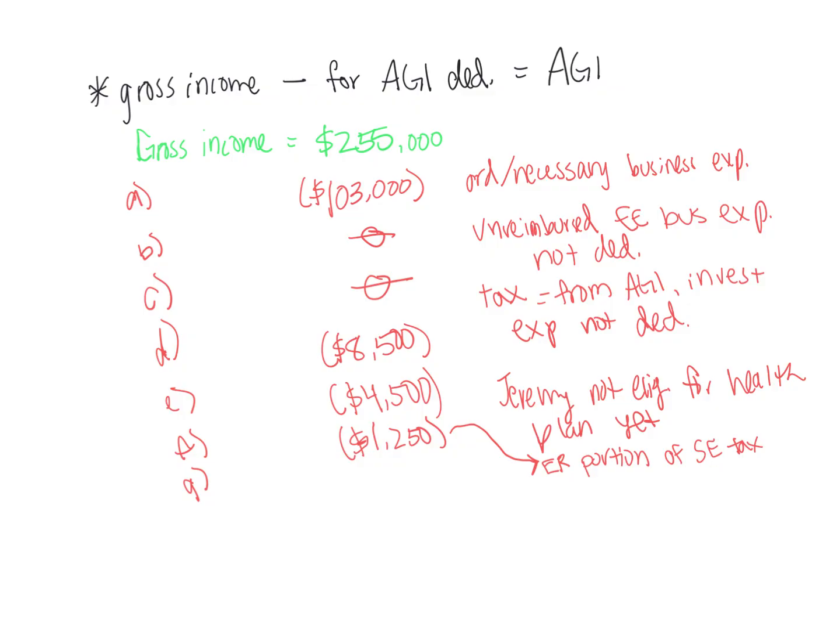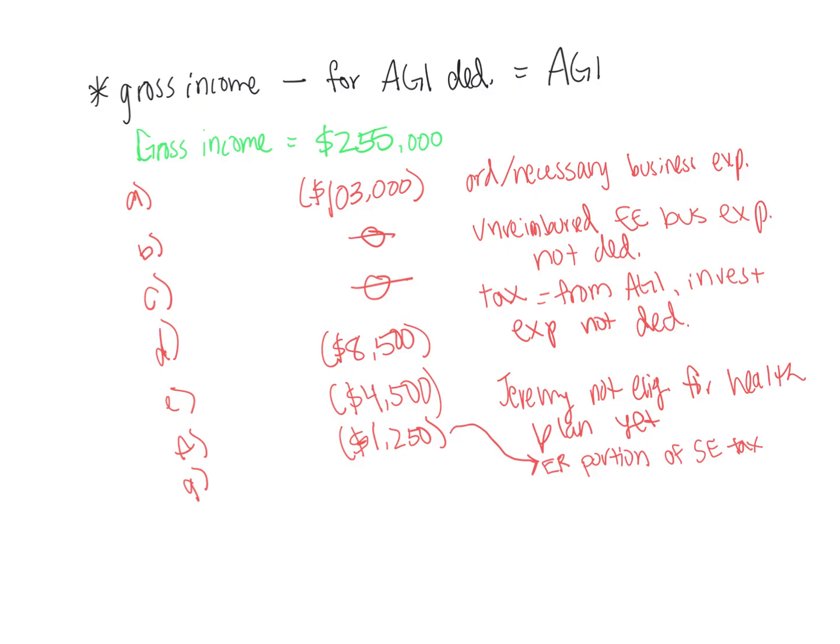Letter G. G says that Jeremy paid $5,000 in alimony and $3,000 in child support from his prior marriage. And the divorce decree was executed in 2018. A couple of important things to note.